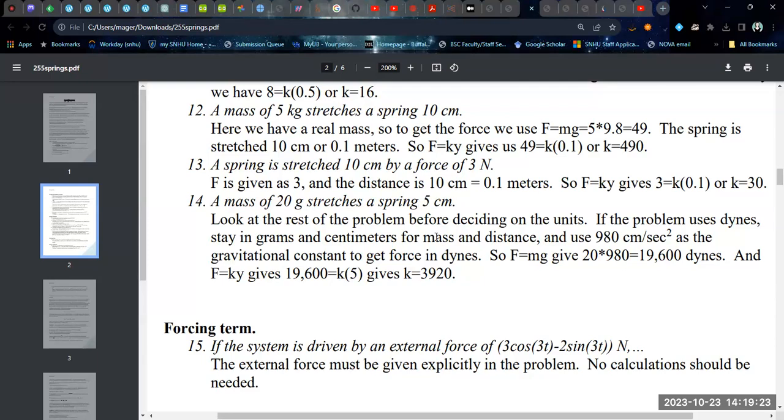If you want to be in MKS units and not in dynes, then you're going to need to do some conversions. If you're working in dynes, the gravitational constant is 980 centimeters per second squared. And so your force would be 19,600 dynes, and then you would put that into your equation and you would get a constant of 3,920.